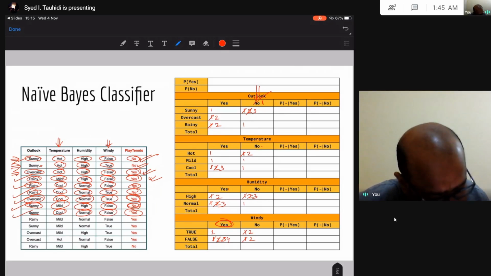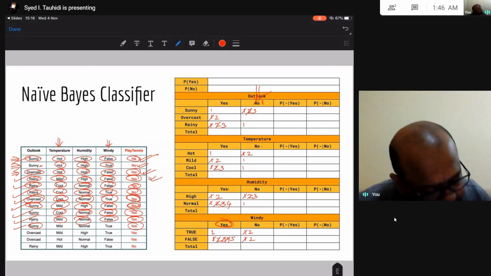Okay, again this is yes, so rainy, I'm incrementing, mild, I increment, normal, I increment and false, I increment. Alright, then this sunny, this is once again yes, sunny, I increment, mild, I'm incrementing, normal, incremented, true, incremented.